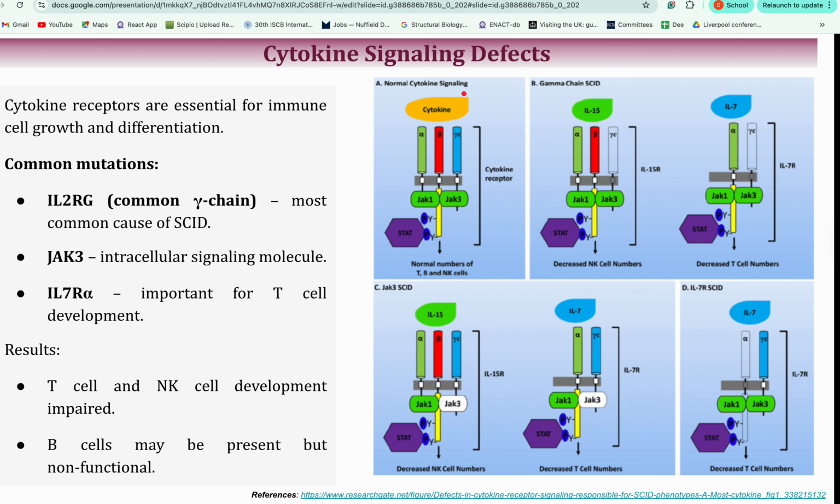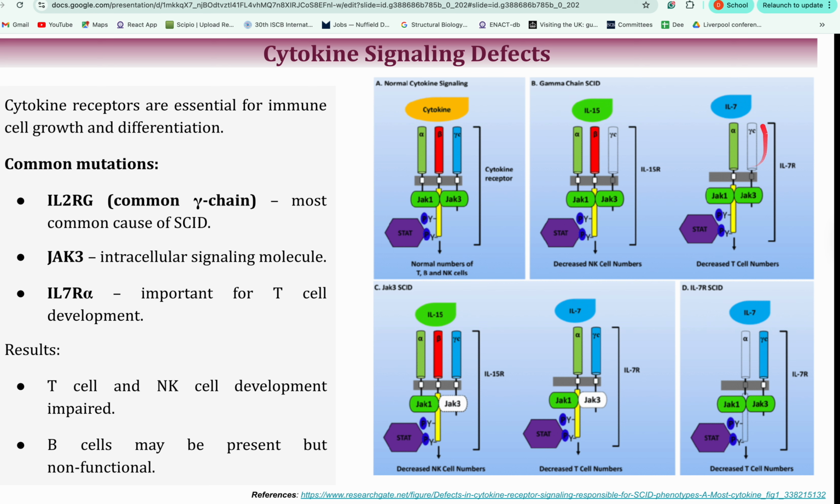If there is normal cytokine signaling, then the cytokines can bind to the cytokine receptors, and there will be a normal number of T cells, B cells, and natural killer cells. Whereas if there is gamma chain SCID, that means in this case IL-2RG, there is a decreased number of natural killer cells. Similarly, in the case of IL-7, there is also a decreased T cell number.